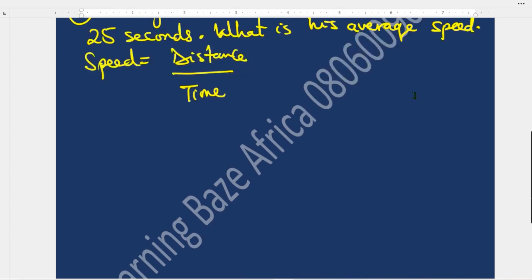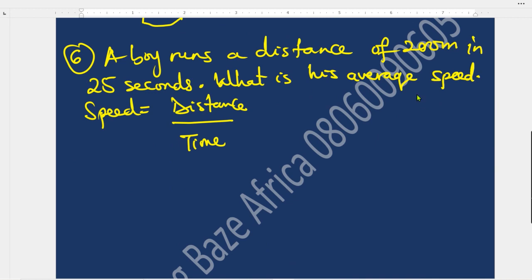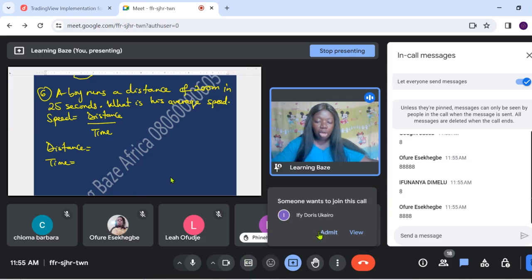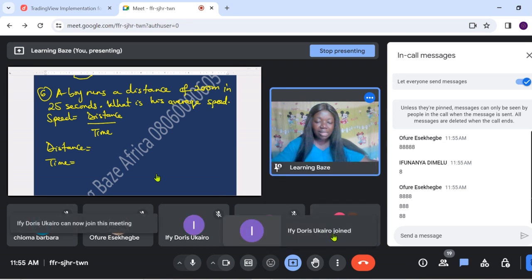So in the question, type in the comment section for me, everybody, what is the distance? Look at the question, tell me the distance. A boy runs a distance of 200 meters in 25 seconds. So look at the question, what is the distance?